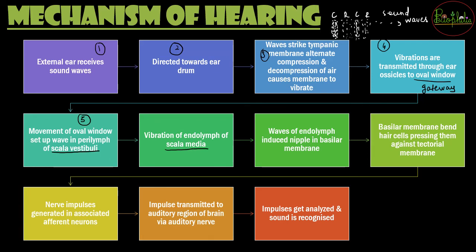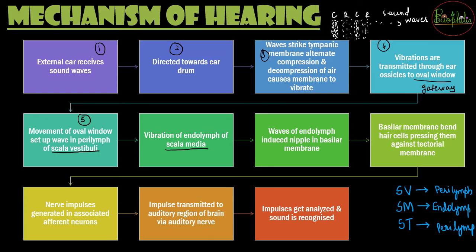So this is very important to understand, that we had seen that there are three chambers: scala vestibuli, then in the middle scala media, and the last was scala tympani. So scala vestibuli is going to have the perilymph, and even the scala tympani is going to have perilymph, whereas in the middle there is going to be scala media that has endolymph.